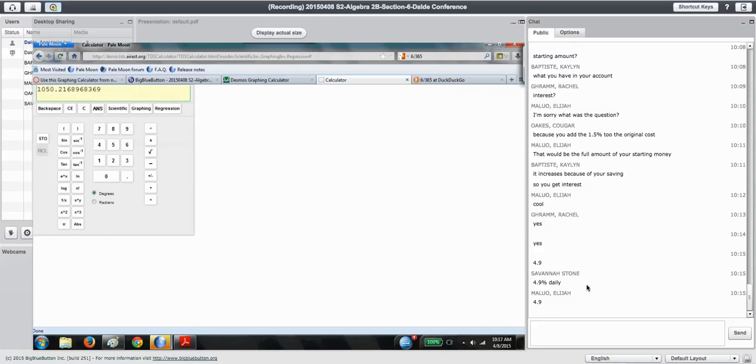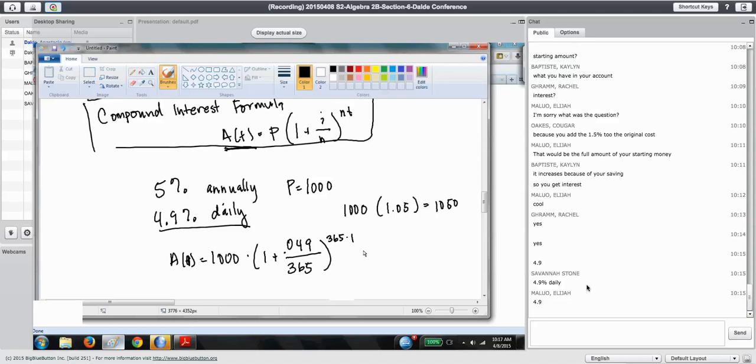Let's round it up. So where do you get more money? You would get it in the 4.9% daily. How much more money? 22 cents.